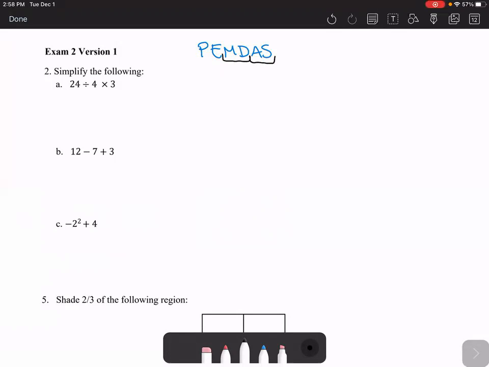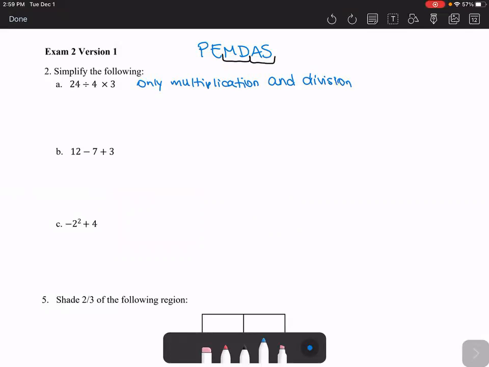So we'll use it. In the first one, we have only multiplication and division.